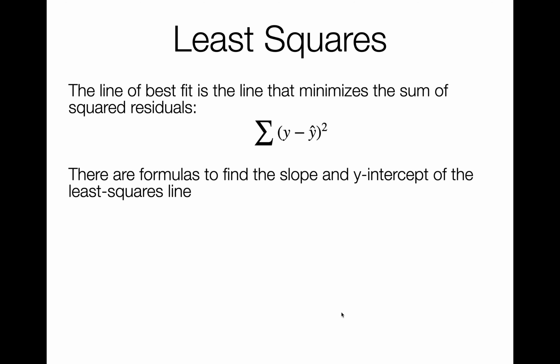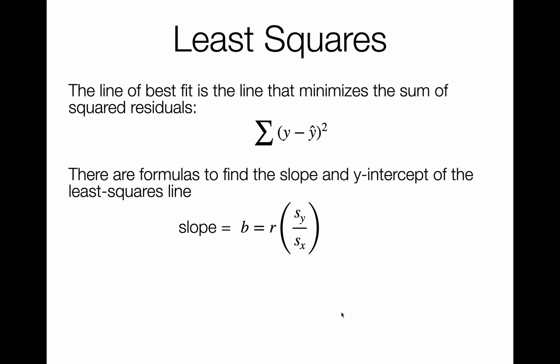There are formulas to find the slope and y-intercept of that least squares regression line. So the b and the a that I talked about before, we can find them. There are simple formulas to find them. For the slope, b, I can find that by doing this formula, although really it's not so simple.